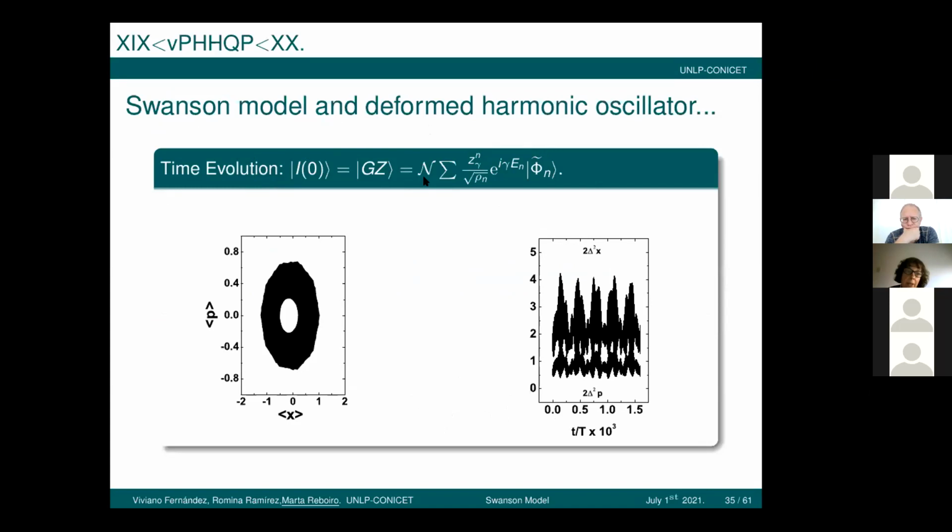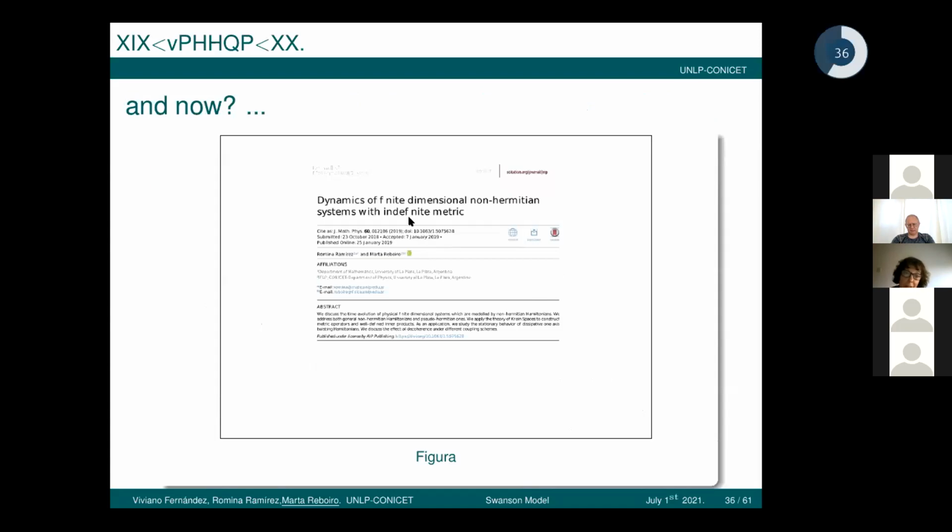When we were here, we wanted to know what happened with the other portion of the spectrum. We know that it was complex, but we thought, well, before this, we shall try to understand what happens in systems with finite dimension.